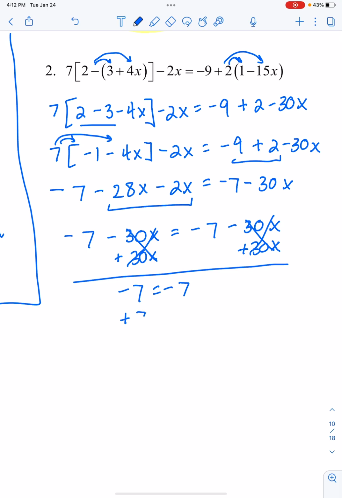Some students like to then add 7 and finish with 0 equals 0. This one or this one are both saying the same thing. There's no variable remaining, and negative 7 equals negative 7 always, or 0 equals 0.